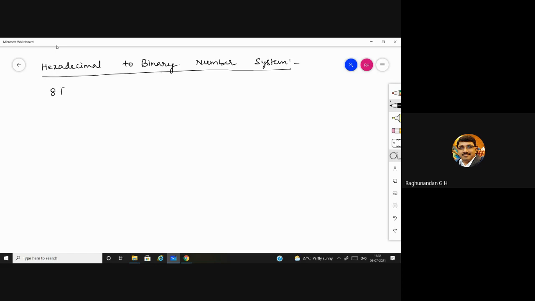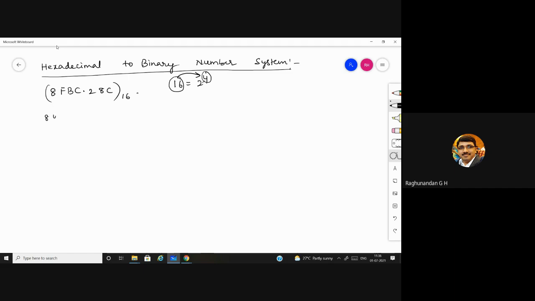We'll take 8FBC.28C to the base 16. As we know, 16 is equal to 2 to the power of 4. That means one hexadecimal digit is represented by 4 bits of binary number. So each digit should be written using 4 bits.